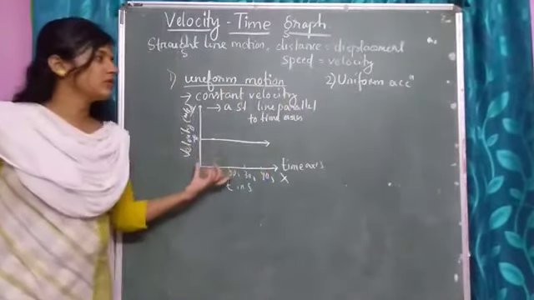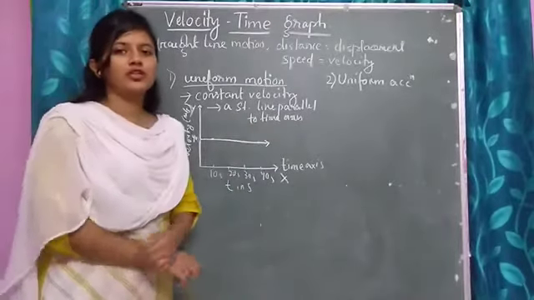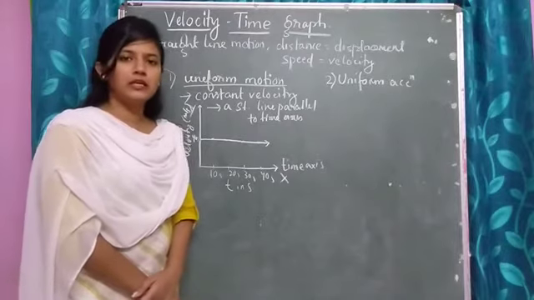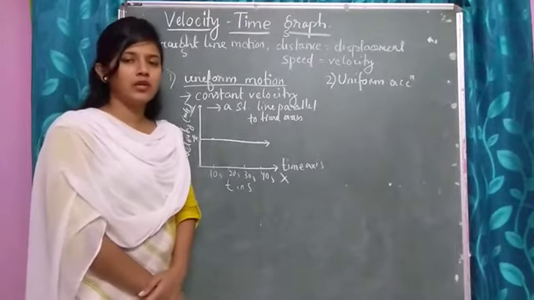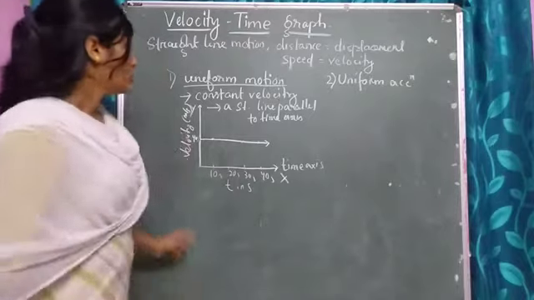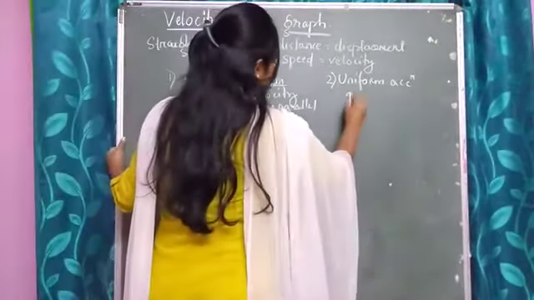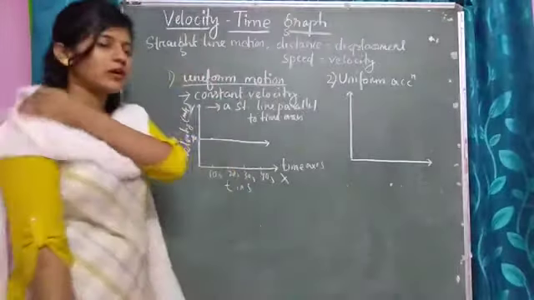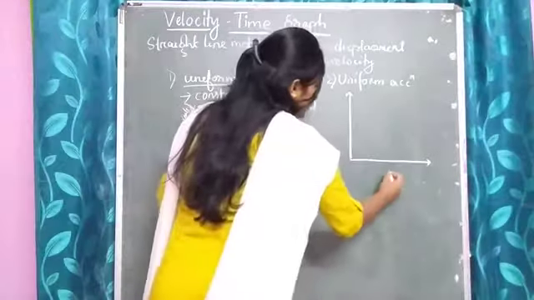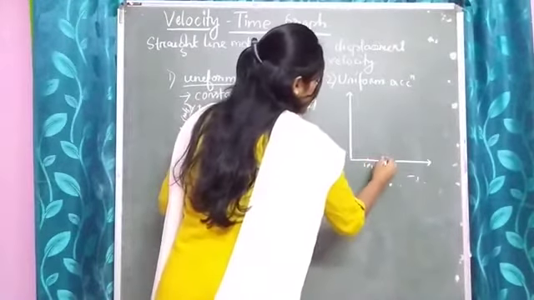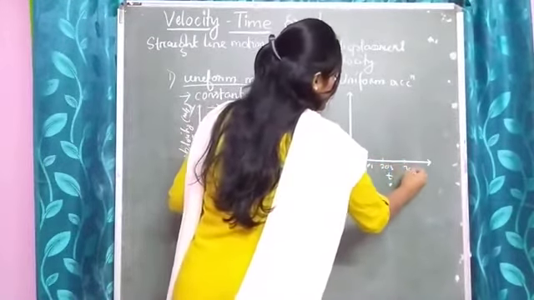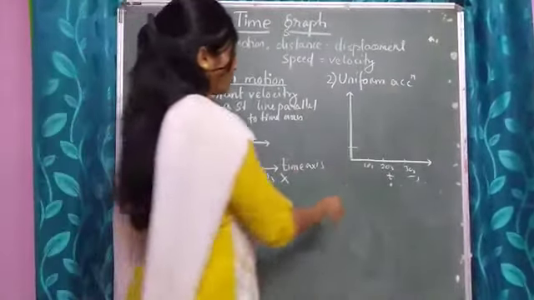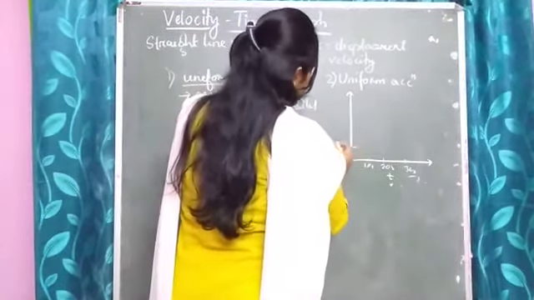Now let us draw the graph for uniform acceleration. Uniform acceleration means the velocity will increase equally in equal intervals of time. So if the time is 10 seconds, 20 seconds, 30 seconds, then the increase in velocity will also follow the same pattern.